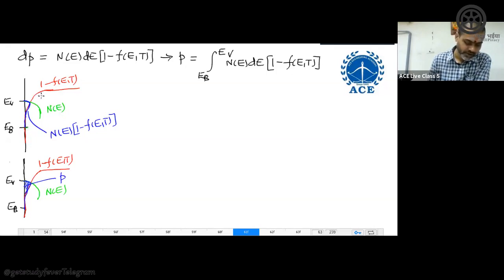Am I correct? 1 minus f of E comma T is becoming 0 here itself. EB is somewhere here. Now you locate EB here or here or here or here, it will not affect the value of 1 minus f of E comma T.